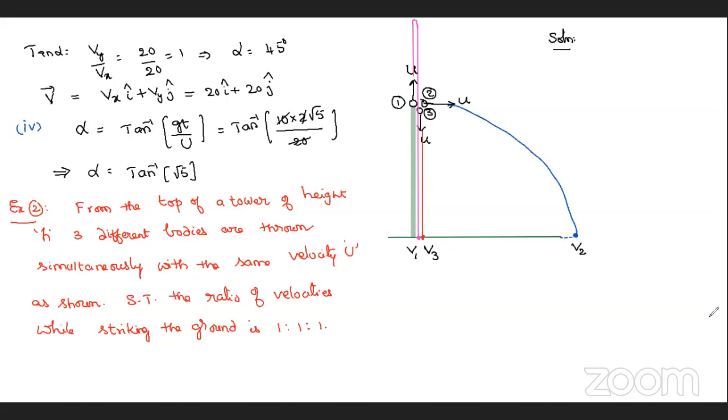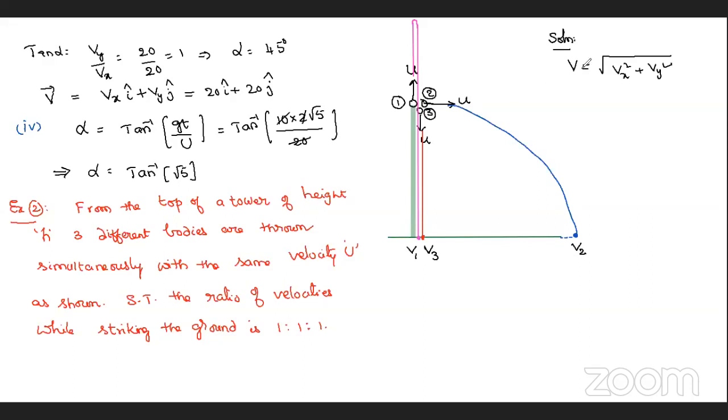Right, then come to the solution. The second body you can say very easily, because we were in that concept only. While striking the ground, velocity v is equals to root of vx square plus vy square.